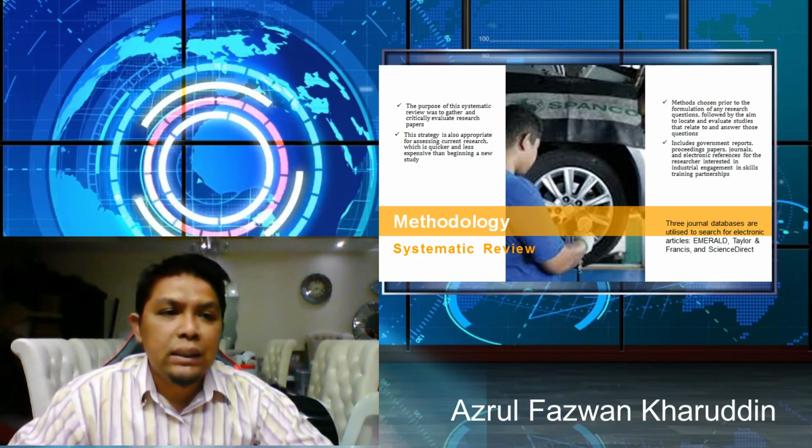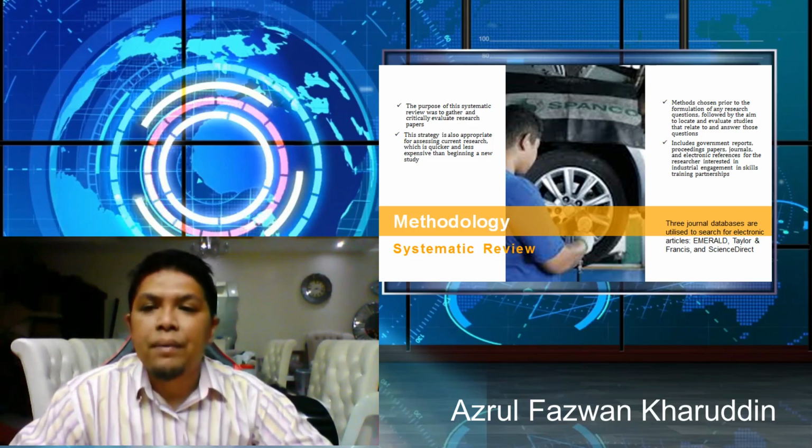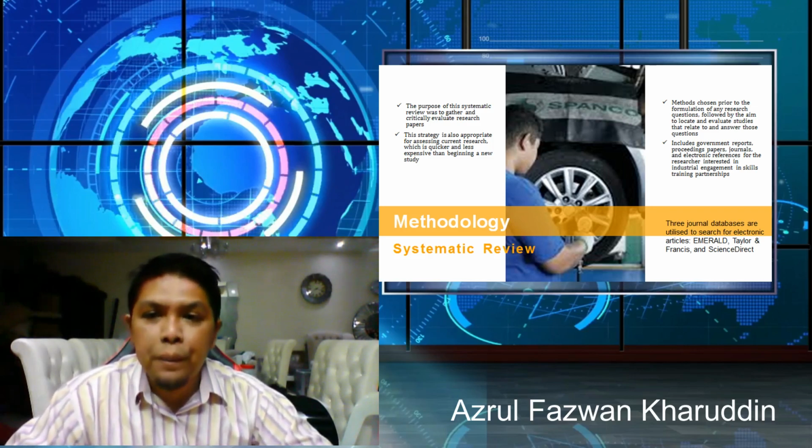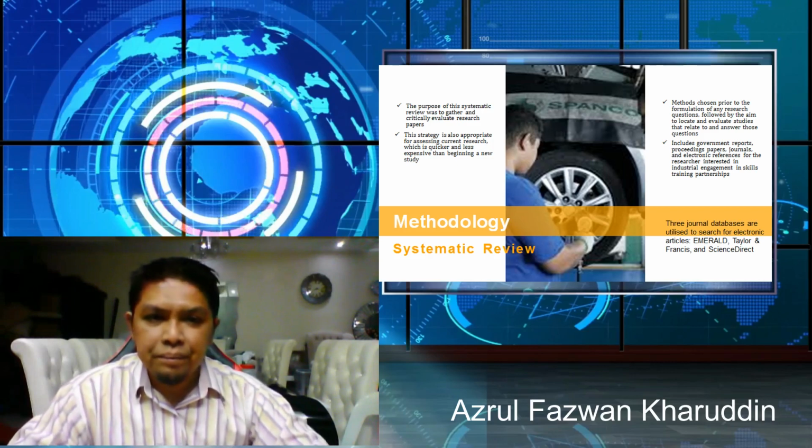The method was chosen prior to the formulation of any research question, with the aim to locate and evaluate the studies. The purpose of this systematic review was to gather and critically evaluate the research papers, and the strategy is also appropriate for assessing current research, which is quicker and less expensive than beginning a new study.